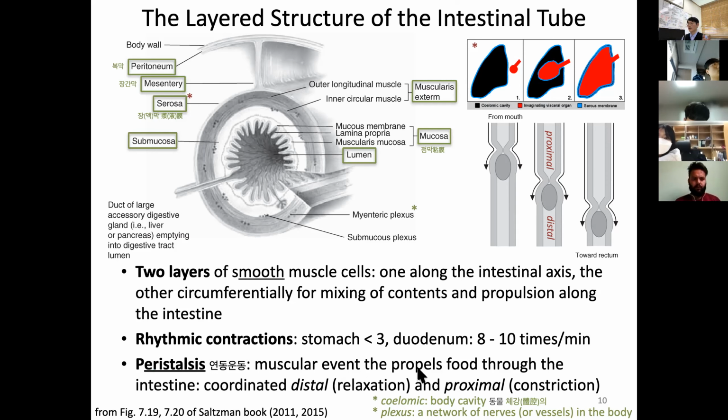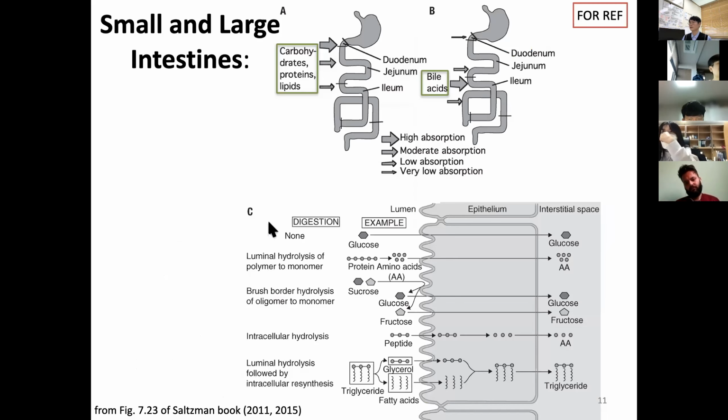In this muscular event propelling food through the intestine, you have to coordinate distal relaxation and proximal constriction. Of course, this contains a lot of neuronal network we call the second brain. The number of neurons may even be equivalent to your brain. So that's why the nervous system in your gut is very important.